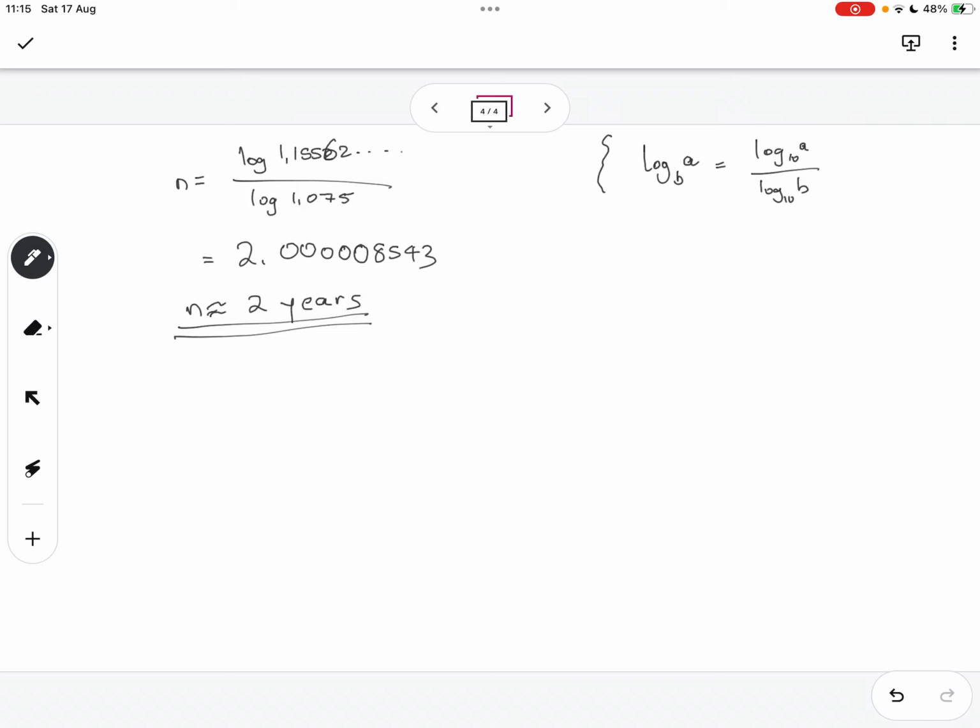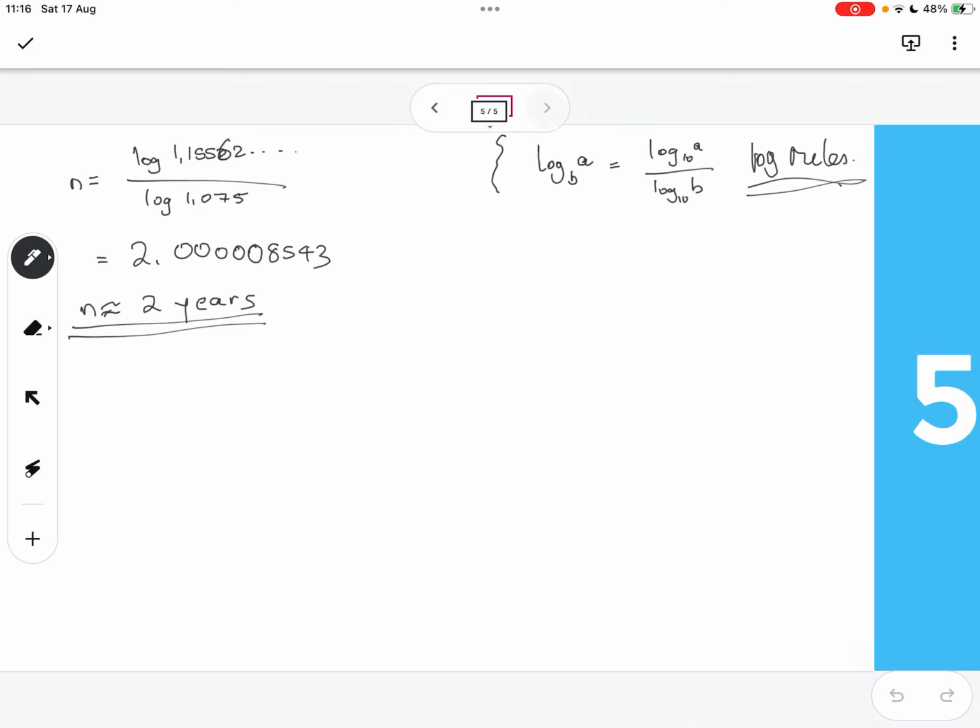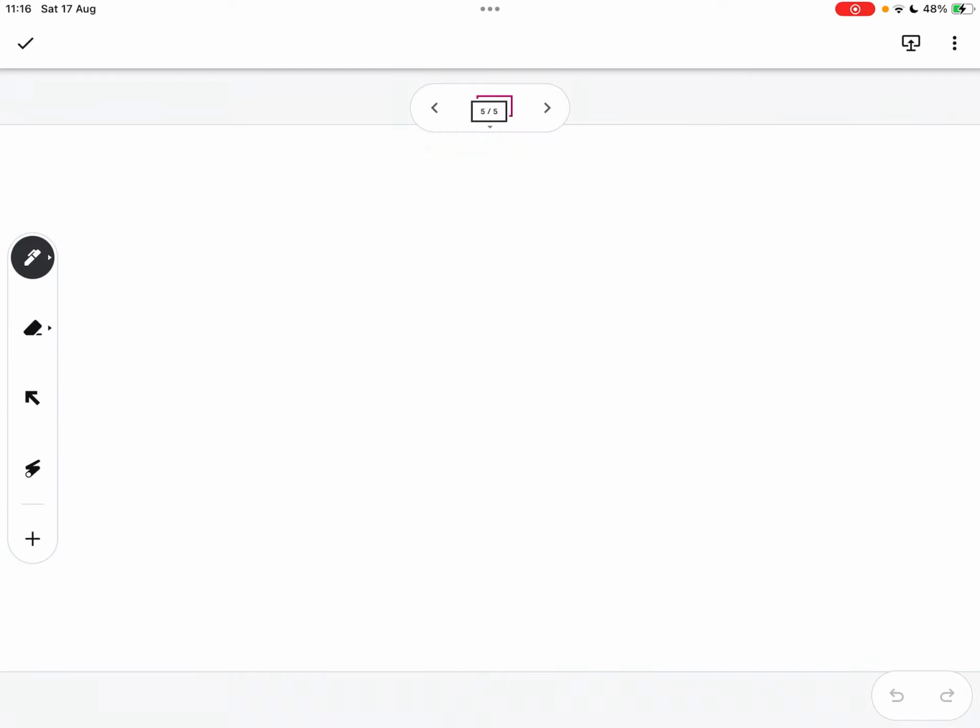But yeah, that money needs to be saved for about 2 years in that account. So logarithmic form you will learn, but this is one of the log rules. You'll get to learn them, so don't be impatient about that. But it's just one of the ways that logs become important in solving for these types of problems.